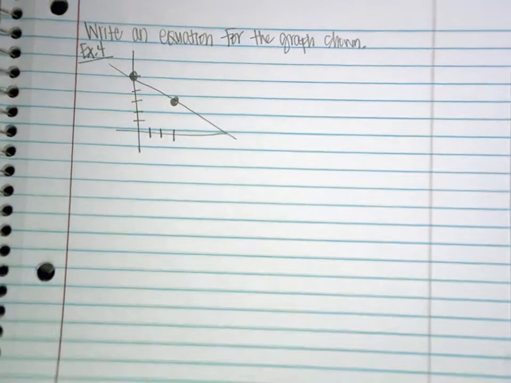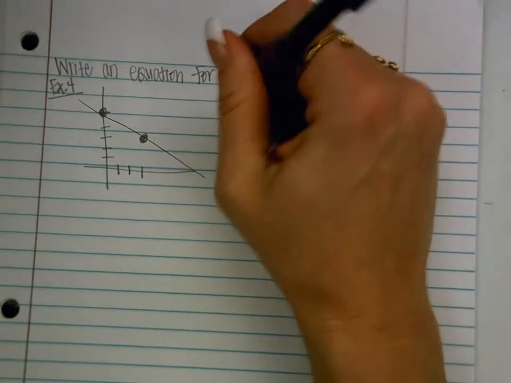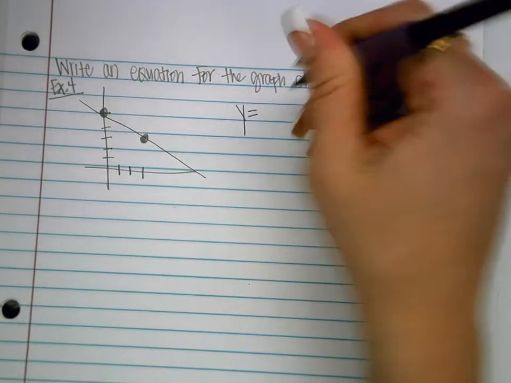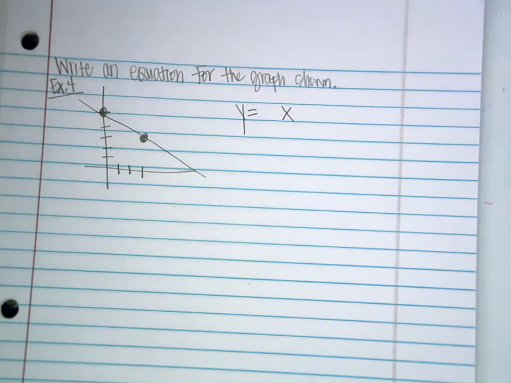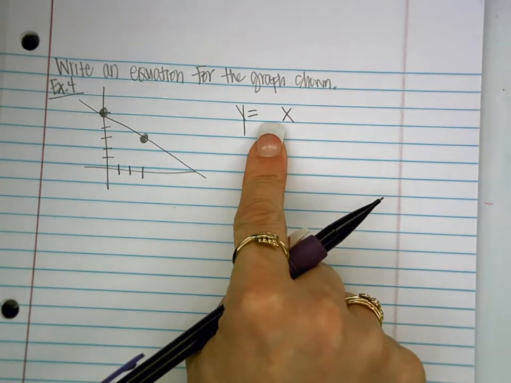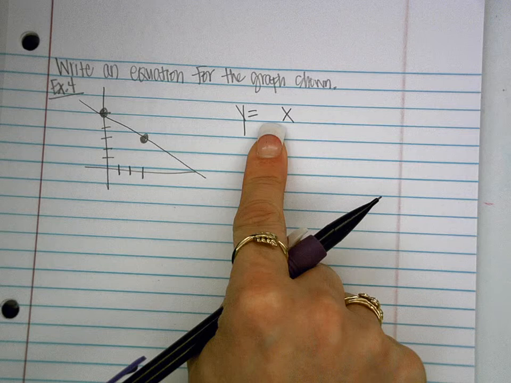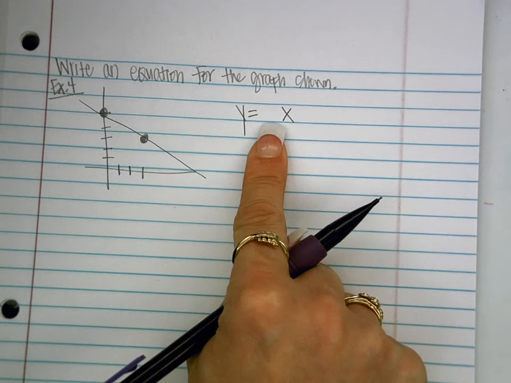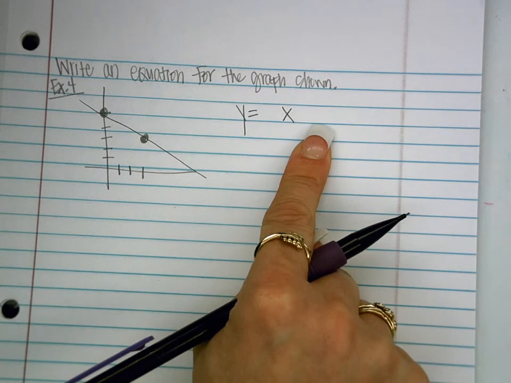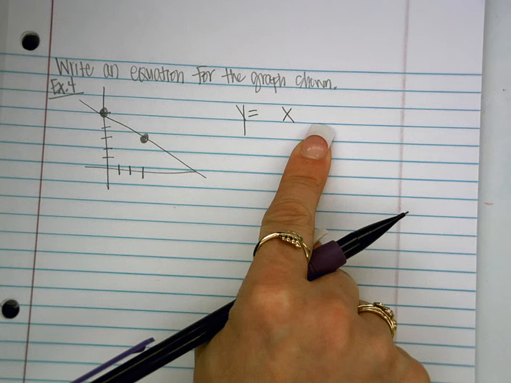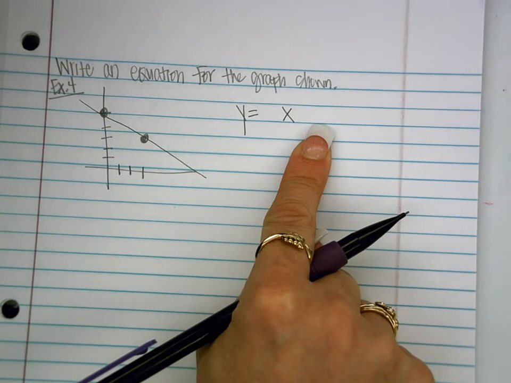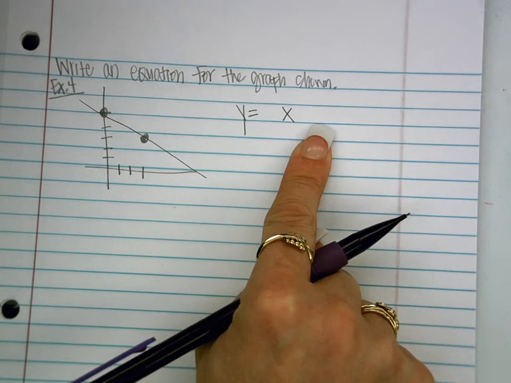Now, we know that it's going to start with y equals, you're going to have something and an x. So what is missing here? The slope, and what's missing at the end? The y-intercept. When you write equations, it's actually a little bit easier to write them backwards.